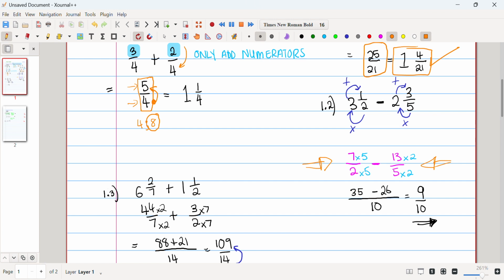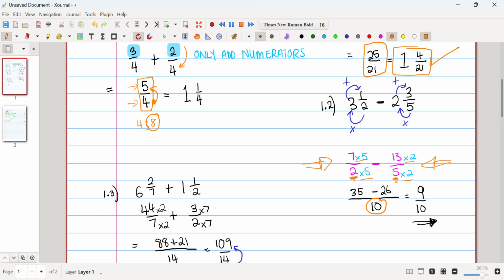Now let's have a look. We do not have the same denominators, guys. So before we minus the numerators, we first need to get that. So what would be the lowest common denominator between 2 and 5? It would be 10, okay, which you'll see here. I converted it into 10. But how did we do that? We had to times by 5 at the top. And then on this side, we times by 2 to get the 5 to 10.